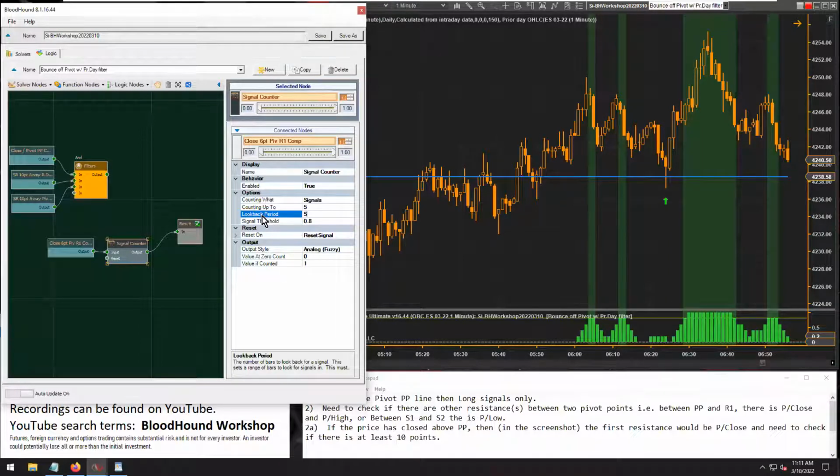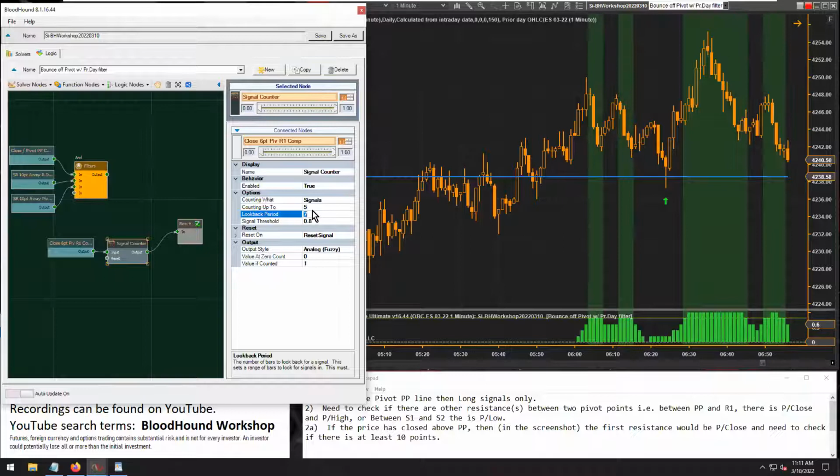And with the signal counter, we can actually allow some variance, right? Because sometimes you'll get a couple bars with that 6 points of separation, and then you might get 1 or 2 bars in between where it's not quite 6 points, and then the market moves away and you get 6 points again, right? So as price is bouncing around, you may not get a perfect 5 bars in a row with that separation. So with the signal counter, I can increase the look back period and say 7 bars.